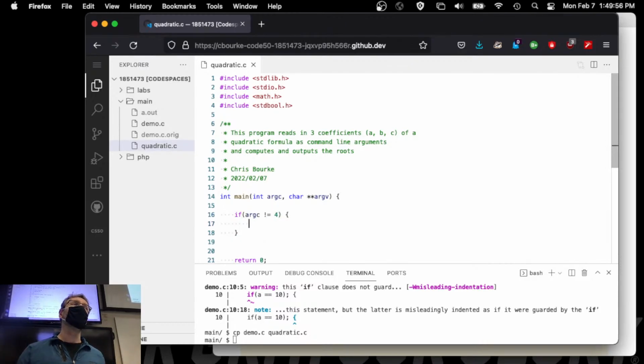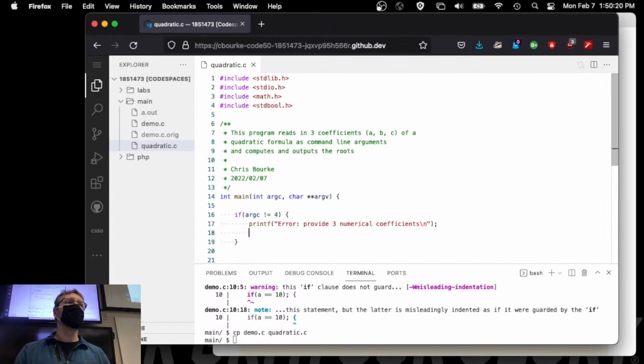You didn't give me enough information. There's no way that I can actually process this input. So we're going to echo an error message and then quit. Printf error, provide 3 numbers as coefficients, 3 numerical coefficients.